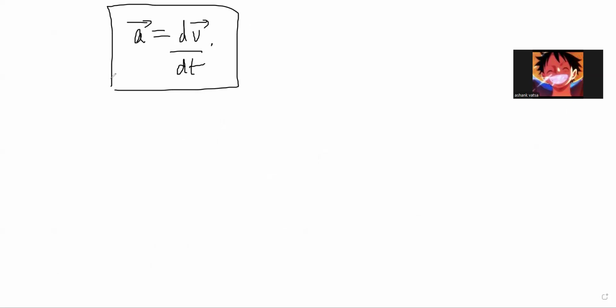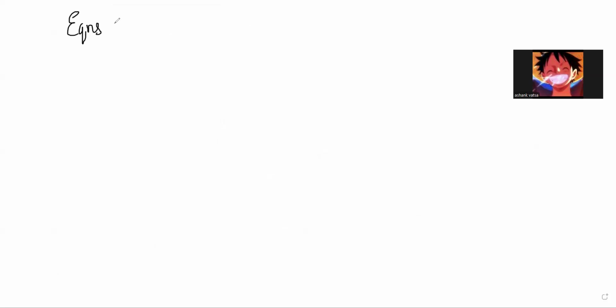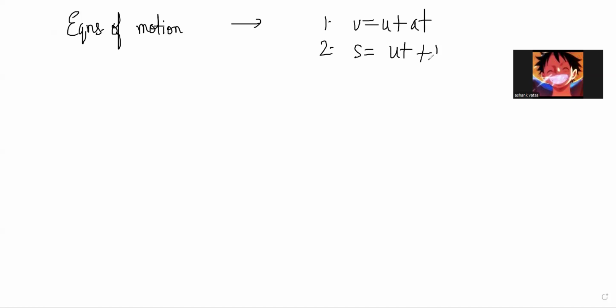And now with these basic definitions, we can derive all our equations of motion. There are three equations of motion that you have seen before and used in lower classes, right? Yes, sir. These three equations of motion can be derived from the basic definition of what these terms mean.